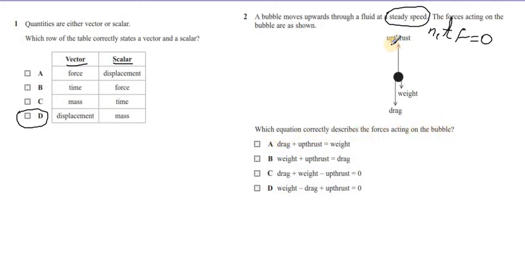That means we must have a resultant force of 0, and drag plus upthrust is equal to weight. Of course, this is not the correct relation. And weight and upthrust are acting in the upward direction, so we cannot add these two. Drag plus weight minus upthrust, yes, it is, because drag and weight are in the same direction, so we can add them and subtract upthrust, and their resultant is 0, so the option is C.